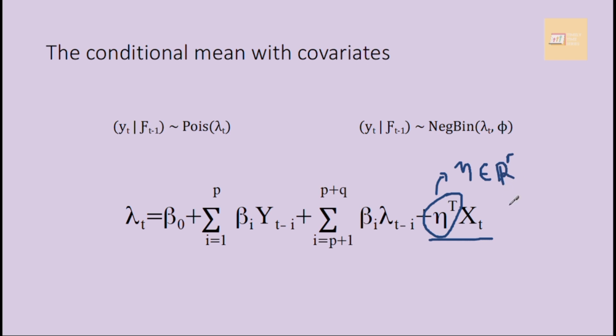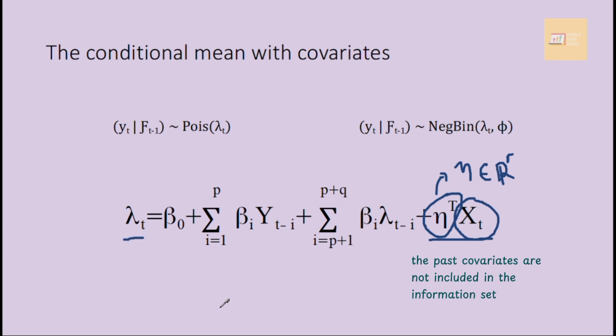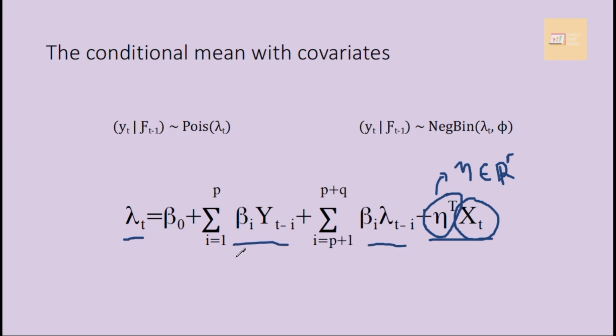It's an array with length r. And notice that here we just use x t, that means the covariate at time t to model the conditional mean at time t, while for the past observations and the past conditional means, we might want to use more than one.